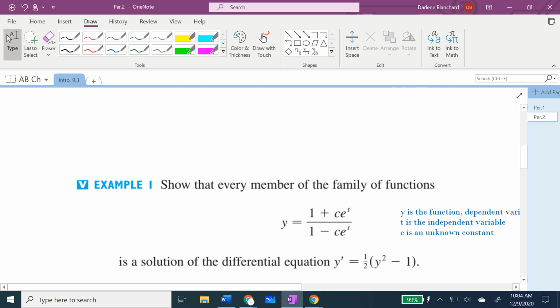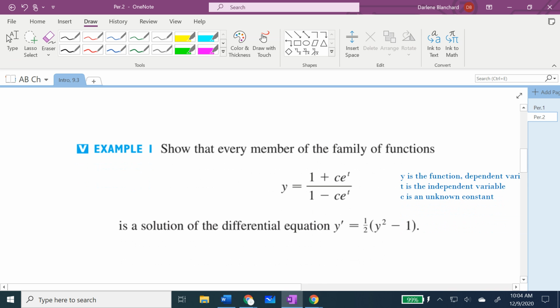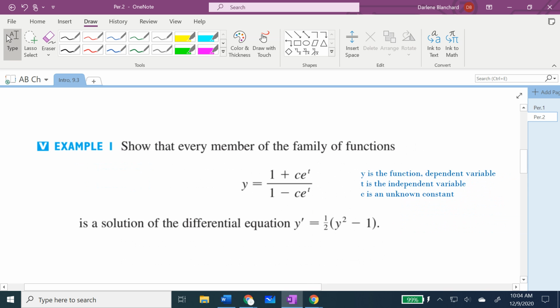Now, I'm giving you problems in section 9.1 like this, where you are going to show that this general solution is a solution of this differential equation.